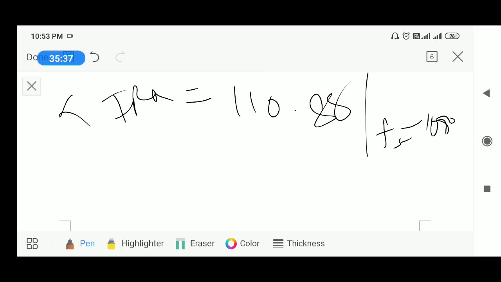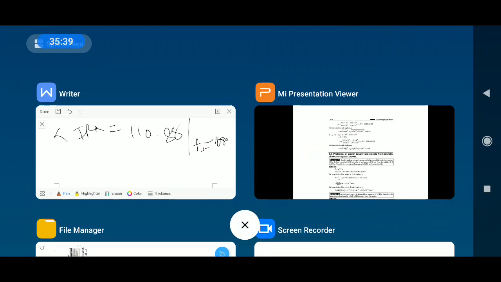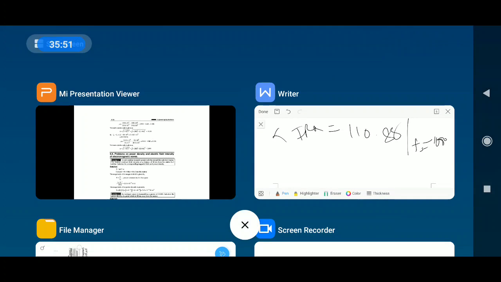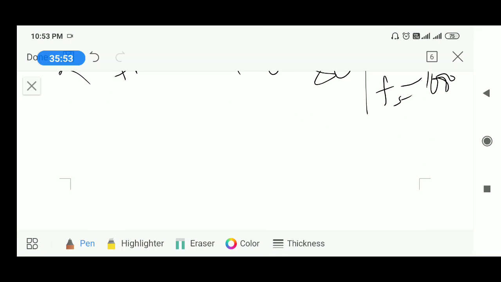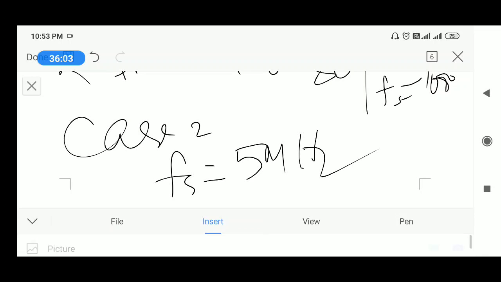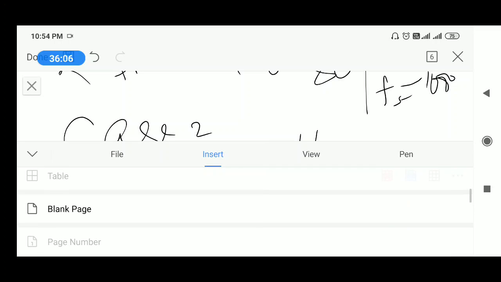The second case is when Fs is equal to 50 megahertz. Case 2, Fs equal to 50 megahertz. Take an empty page.